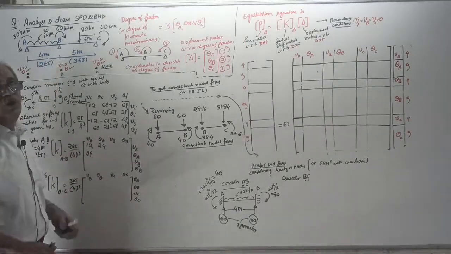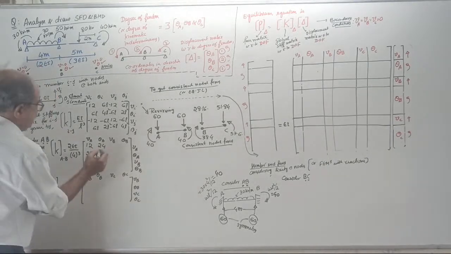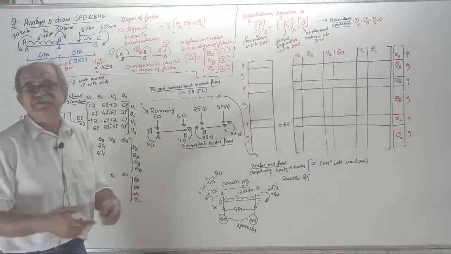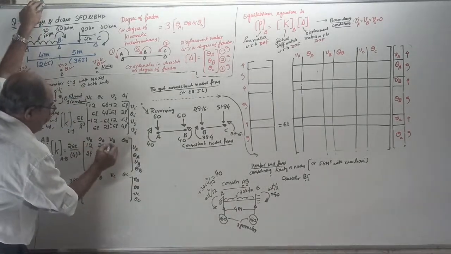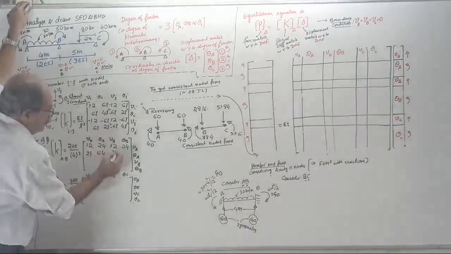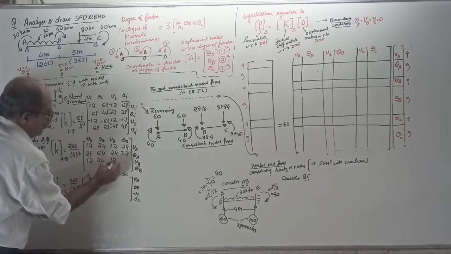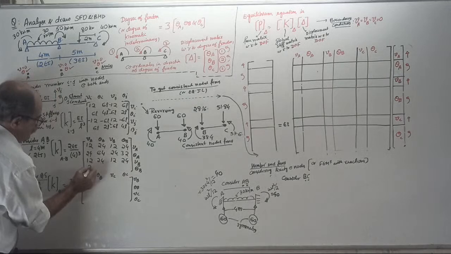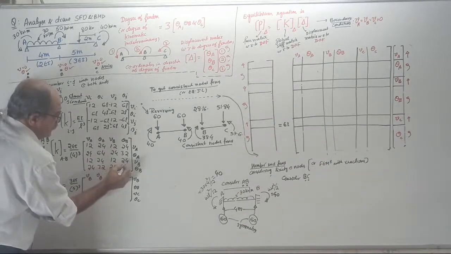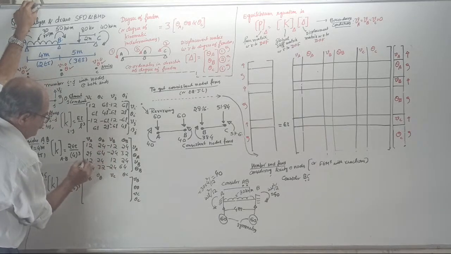L is 4. 4 square is 16. 16 into 4 is 64. Once you write this much, that's all. Now 12, 24, 12, 24. 24, 64, 24, 32. 12, 24, 12, 24. 24, 32, 24, 64.